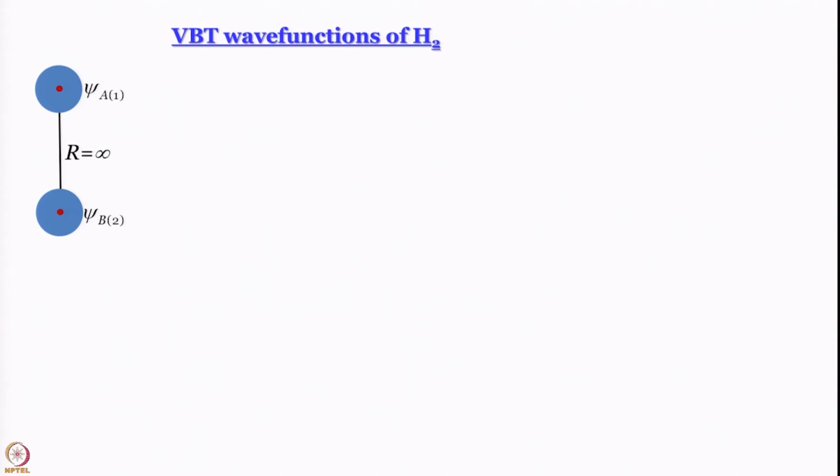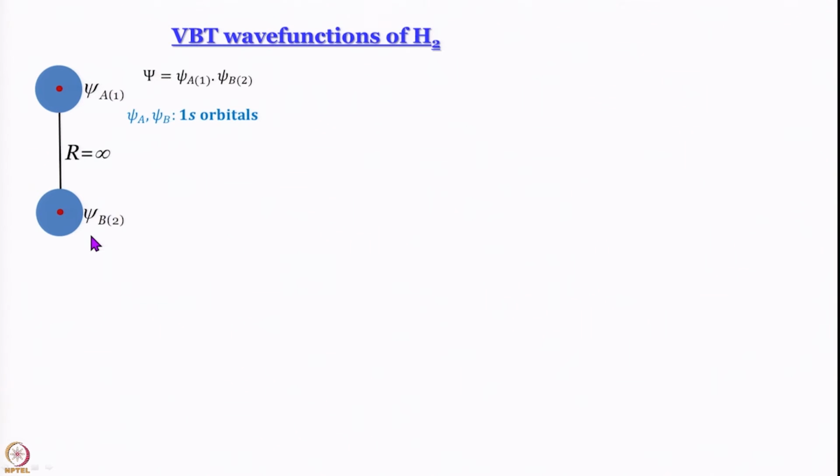So, at such separations, which we can say roughly is infinity for all practical purposes, electron number 1 moves in the field of nucleus A, electron number 2 moves in the field of nucleus B. So, electron number 1 would reside in the 1s orbital of nucleus A, electron number 2 would reside in the 1s orbital of atom B.